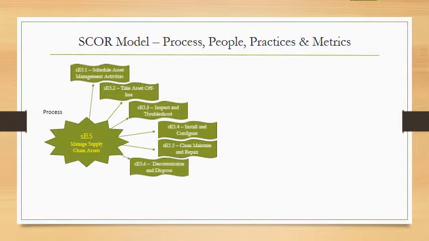SE56, Decommission and Dispose. SE57, Inspect Maintenance. And finally, SE58, Reinstate Asset. So these are the 8 process elements of the Managed Supply Chain Assets process.